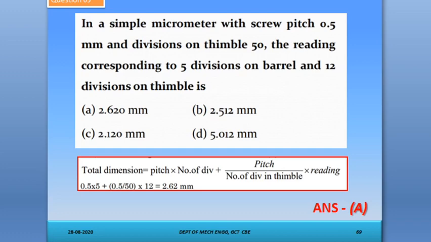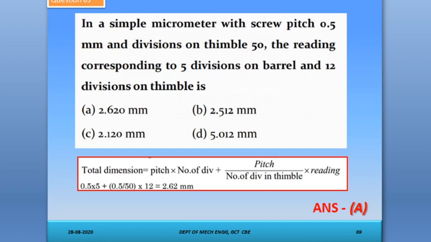The next one: in a simple micrometer with a screw pitch of 0.5 millimeter and 50 divisions on the thimble, the reading corresponding to 5 divisions on the barrel and 12 divisions on the thimble is to be calculated for the external dimensions.